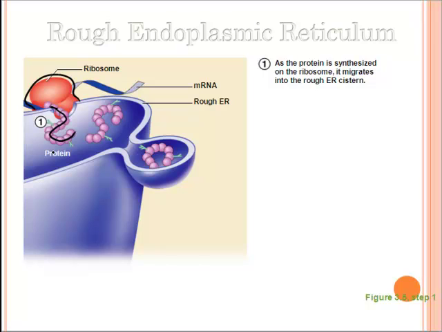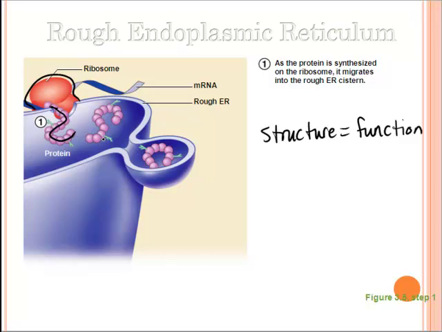And then also remember that the structure of a protein determines its function. So even though the ribosome will build the protein, the ribosome doesn't determine the structure of the protein. Part of that folding and creating of a structure is done within the rough ER.